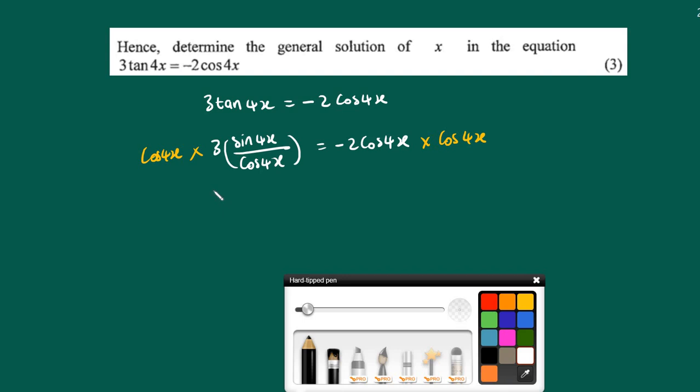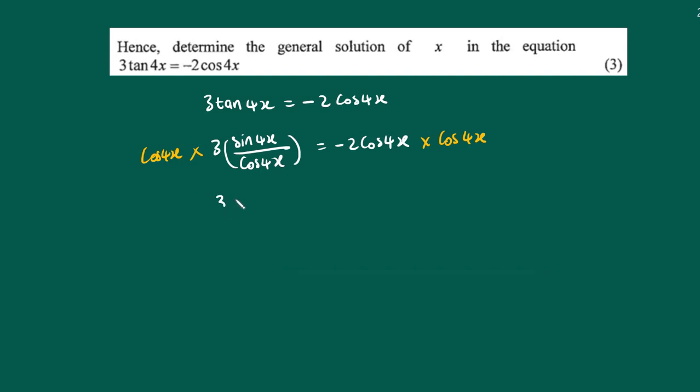You're going to have 3 sine 4x, since this will cancel, and then minus 2 cos squared 4x. Now you can take this to this side, and then you have plus 2 cos squared 4x.